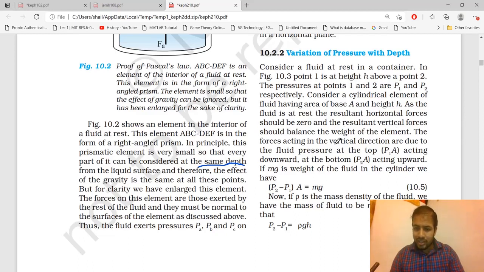The forces acting in the vertical direction are due to the fluid pressure at the top, P1 A acting downward, and at the bottom, P2 A acting upward.